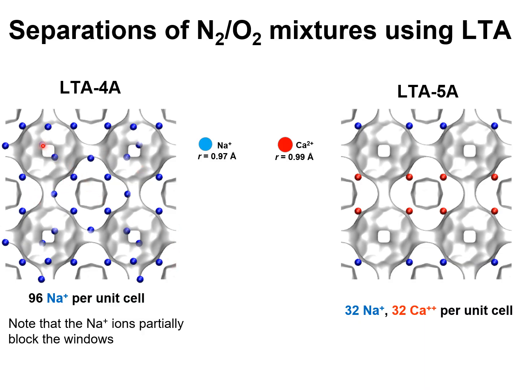You note that the sodium cations occupy positions that partially block the windows separating the cages. This partial blocking of the windows is an essential characteristic of 4A zeolites.